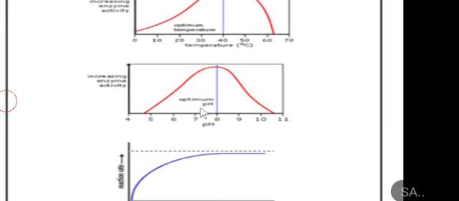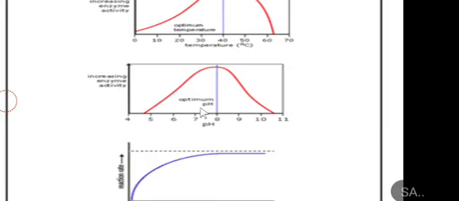If the pH level is disturbed, for example, pepsin is an enzyme which is released in the stomach and acts on the proteins. It works best in the acidic pH, because in the stomach there is an acidic environment just because of the production of HCl, the hydrochloric acid. So this pepsin works best at the acidic pH.